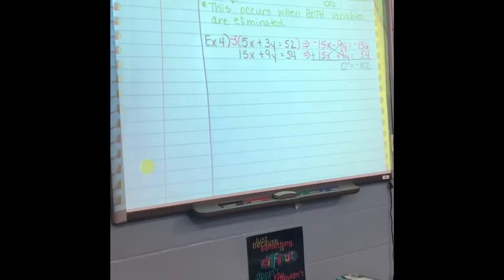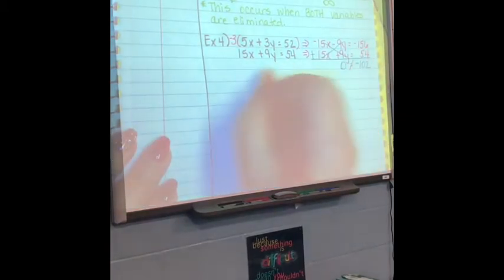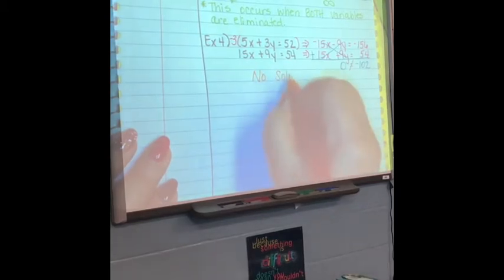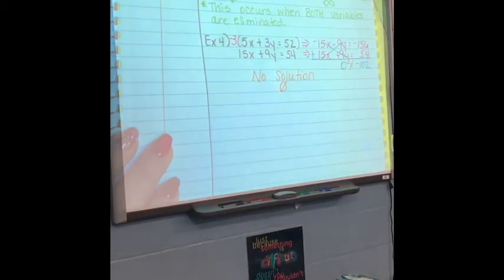So then I ask myself, is this a true statement? No, this is not true. If it's not a true statement, then this is no solution. The variables were eliminated, and I ended up with an untrue statement.